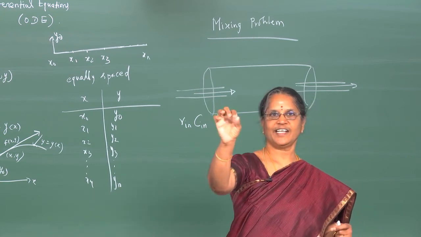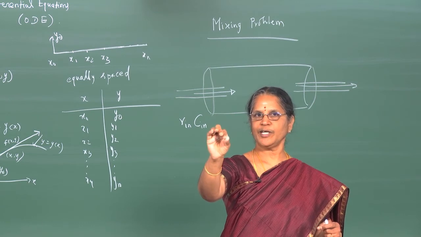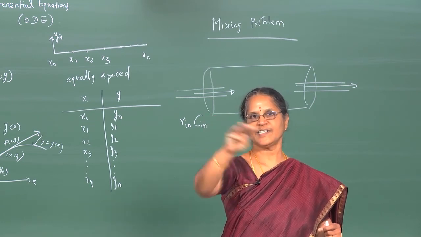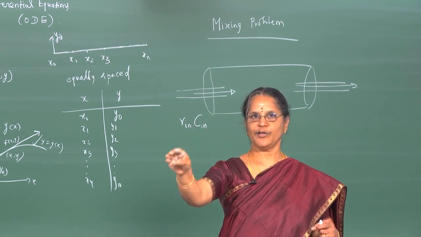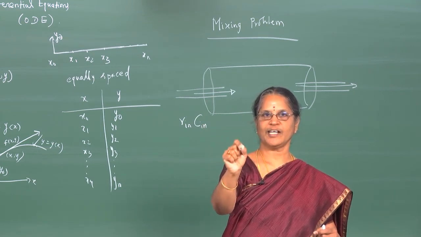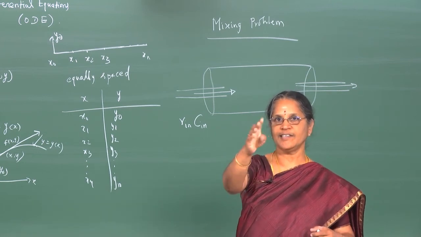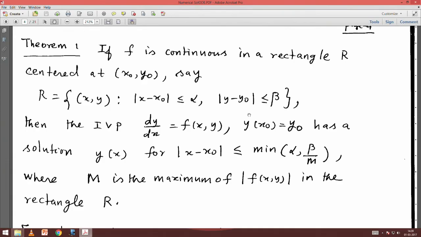So, the center of the rectangle is x naught comma y naught. What is this x naught comma y naught? Our initial condition says y of x naught equal to y naught. So, the center is this point x naught comma y naught at which the initial condition is specified. The result says if f is continuous in this rectangle, then the initial value problem has a solution y of x. What does it mean?